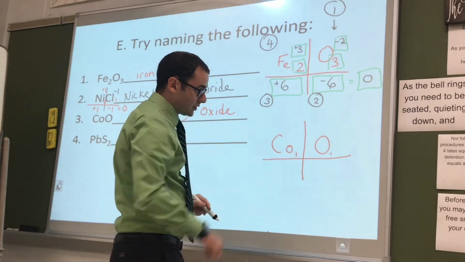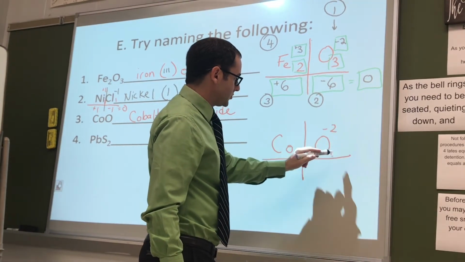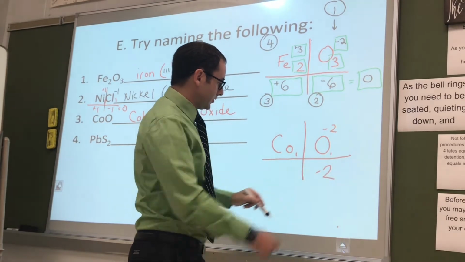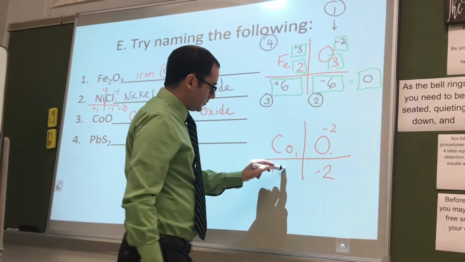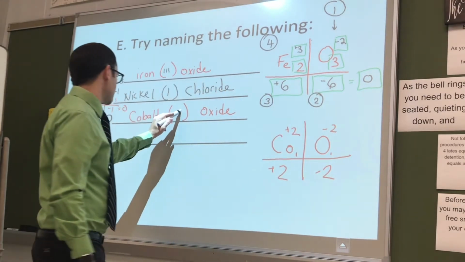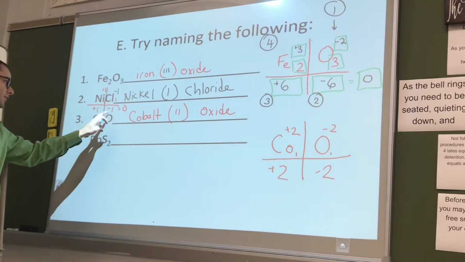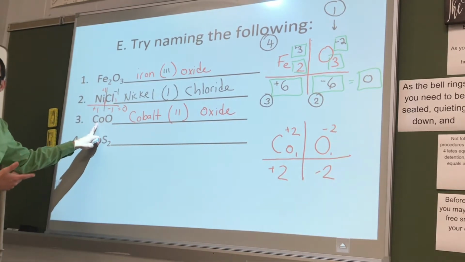What's the charge of oxygen? -2, so again, we start up there. -2 times 1 is -2. This has to be +2, and then up here has to be +2 as well. Whenever it's 1 to 1, whatever this charge is, the other is the same but opposite.